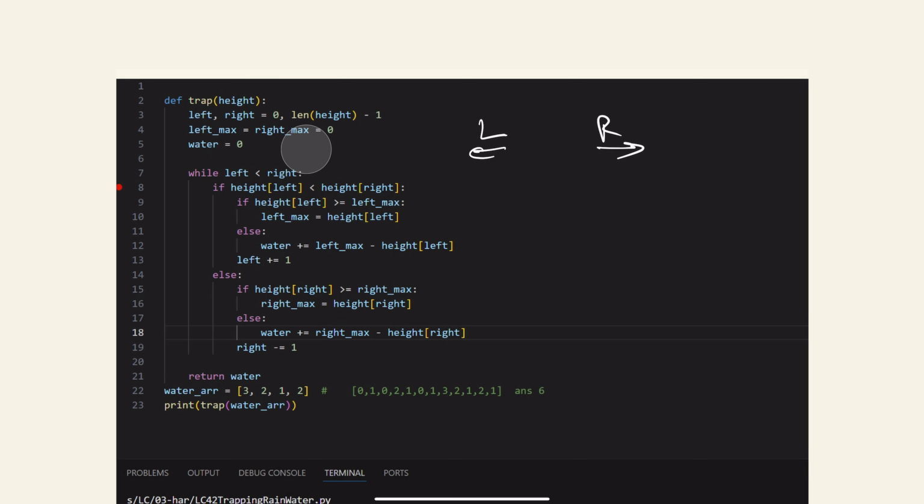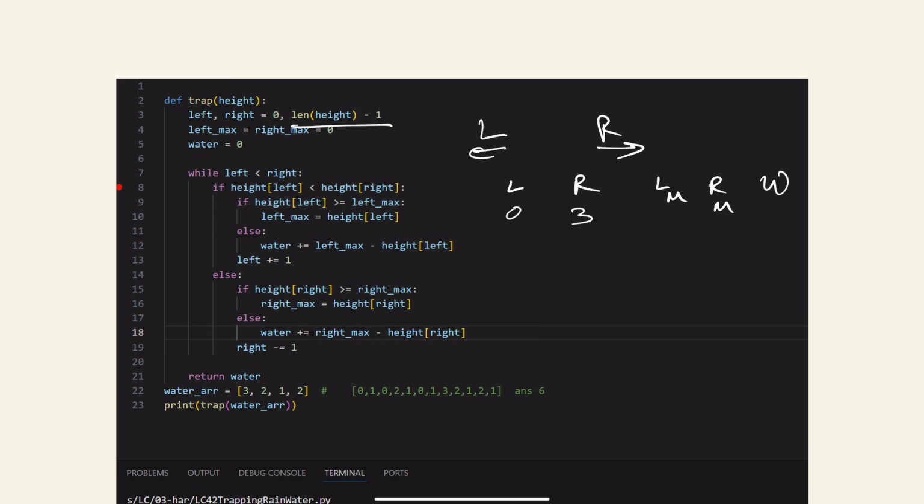What were the initial values? We consider left pointer, right pointer, left max, right max, and the amount of water. Left was initialized with 0, and right is the length of the array minus 1, which is 4 elements.